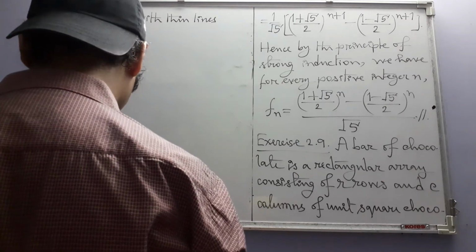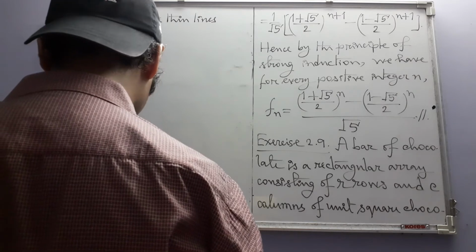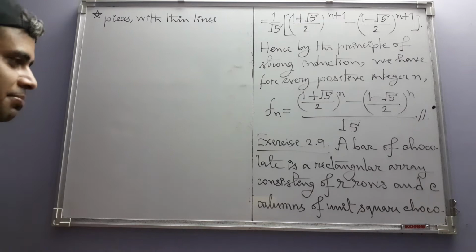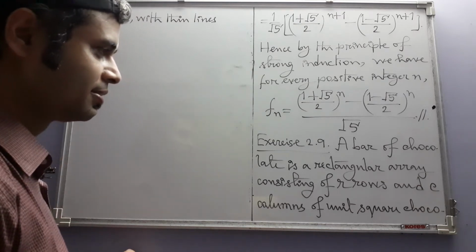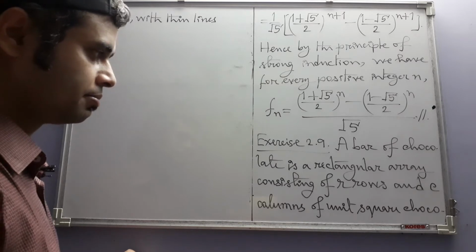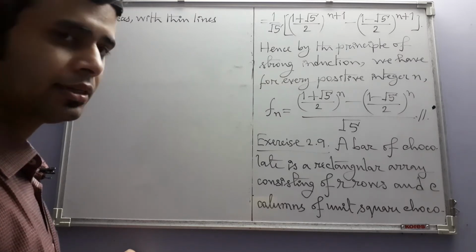With thin lines. Okay, this is comical, no? I mean, this is why people hate mathematics. If you have a bar of chocolate, will you really think of these things?